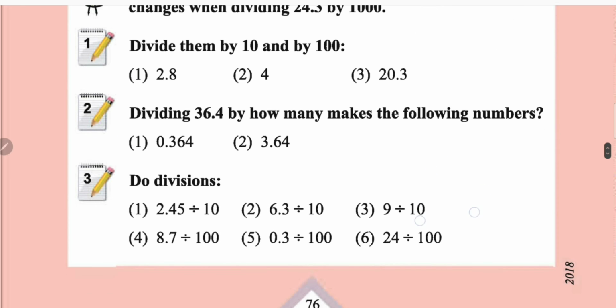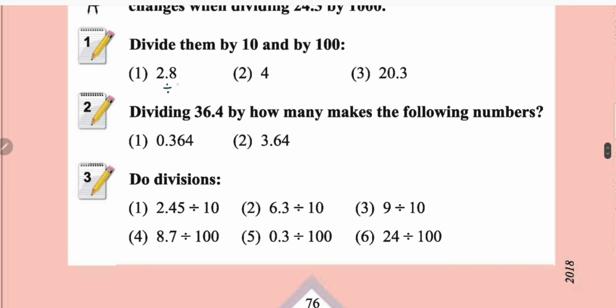Divide them by 10 and by 100. By 10 is nothing but 0.28, by 100 0.028, by 10 0.4, by 100 0.04, by 10 2.03, by 100 0.203. Dividing 36.4 by how many makes the following numbers?